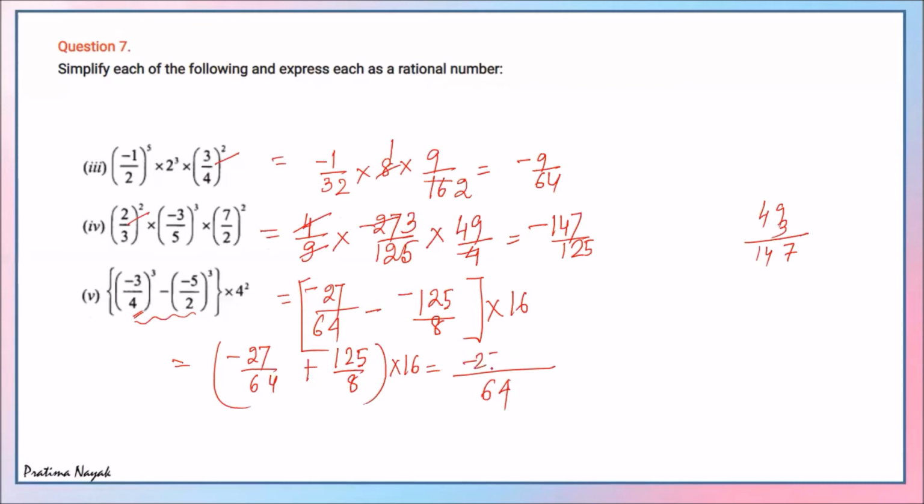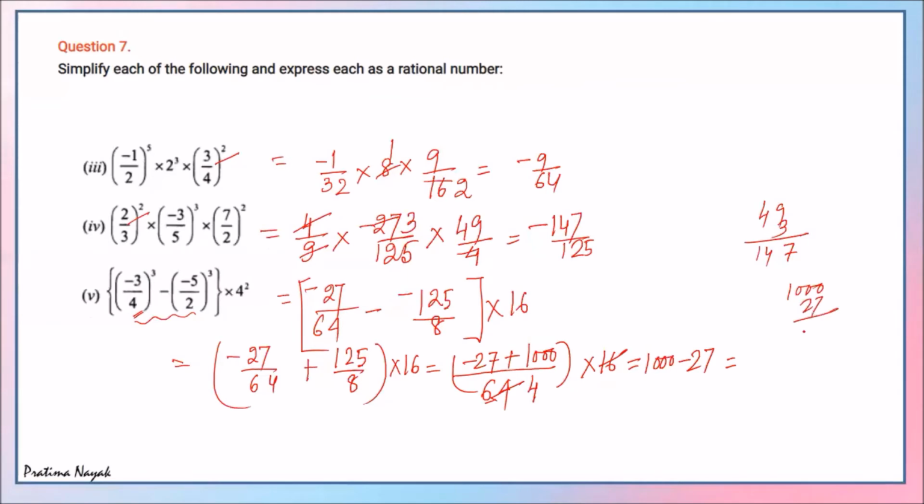Minus 27, and this will be 125 into 8, so 1000, multiplied by 16. Now 16 you can cancel with 4. Here it will be 16, so 16 fours are 16. Now 1000 minus 27. What is the answer? Subtract.